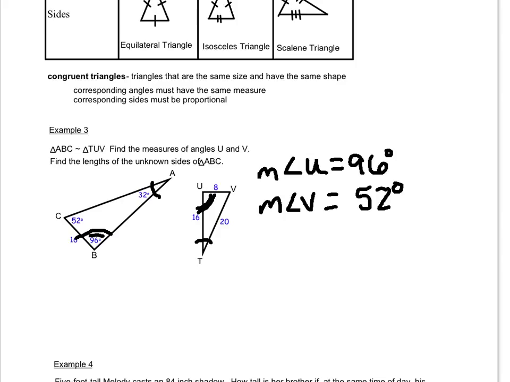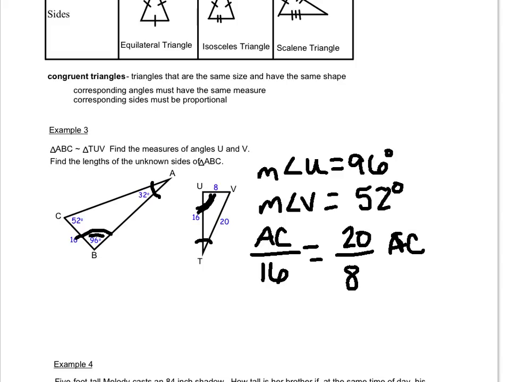And then, let's see, side AC over, what was that, 16? Is going to be equal to, and side AC is proportional to side TV, so that would be 20, and then CB is proportional to UV, so that'd be over 8, and then we just cross multiply, so AC is going to equal 40.